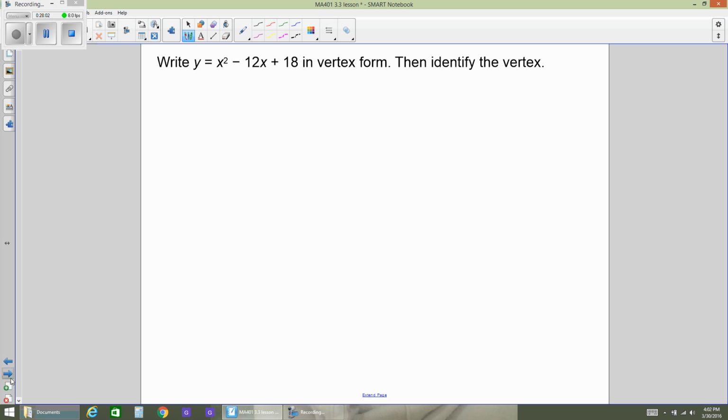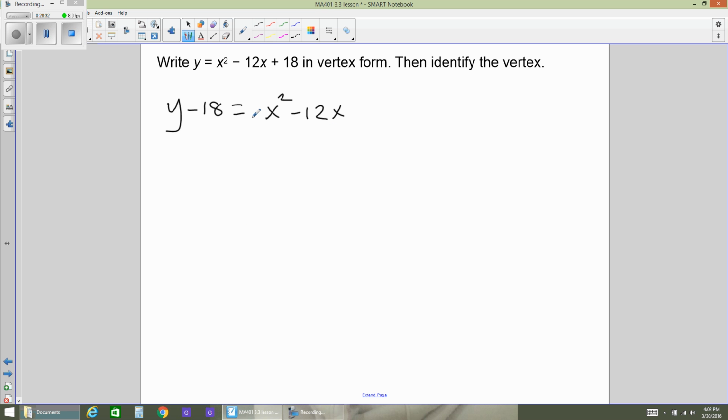It says write y equals x squared minus 12x plus 18 in vertex form and identify the vertex. Okay, we're going to follow all the same rules with the y. Here we go. Move the constant. So I have y minus 18 equals x squared minus 12x.